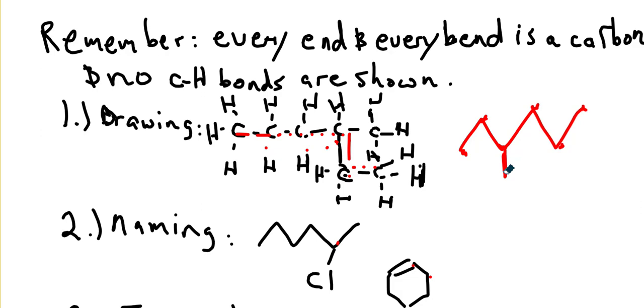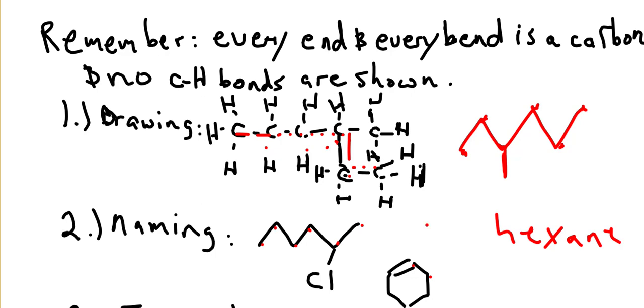Now, naming. Let's go to this guy under 2. I've got 1, 2, 3, 4, 5, 6, so I've got 6 carbons. That's usually called hexane, right? Draw that in. And there's a chlorine group on here.